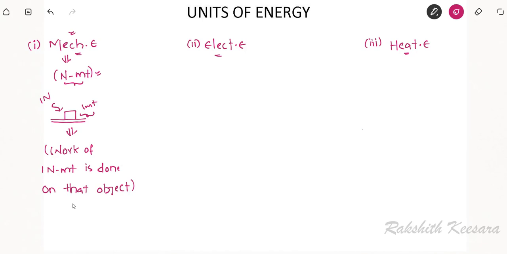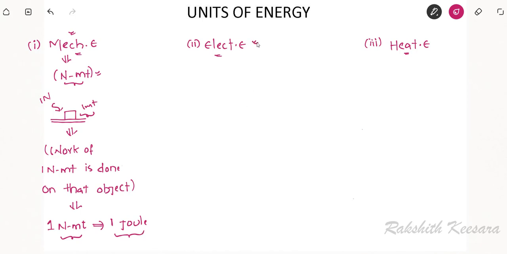The important point here is that 1 Newton meter is also equal to 1 joule. So do remember this, 1 Newton meter is also equal to 1 joule.